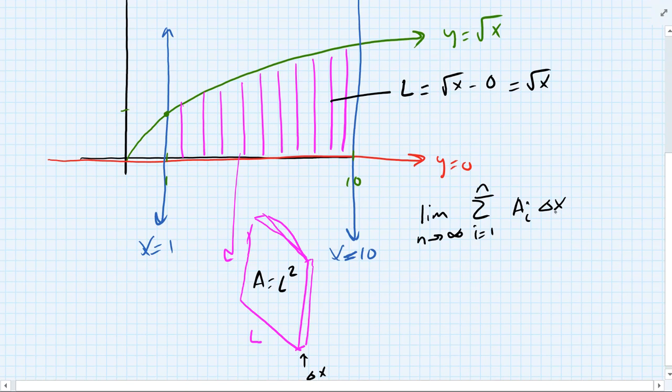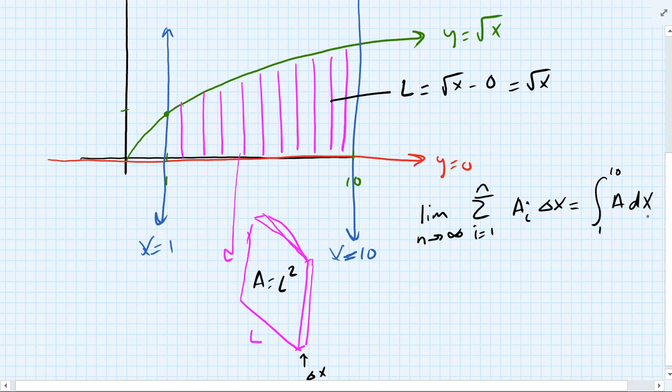Is that the area of each little prism? And I'm going to add up the volume of each single one of those. Is that going to give me my total volume? Is that whole thing equal to the integral from 1 to 10 of the area of each one of them, dx?